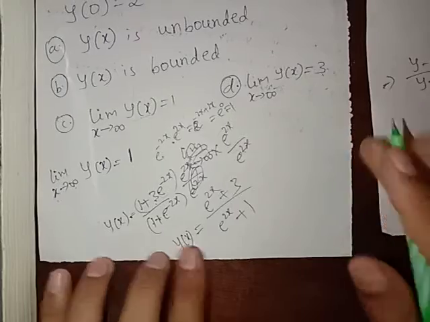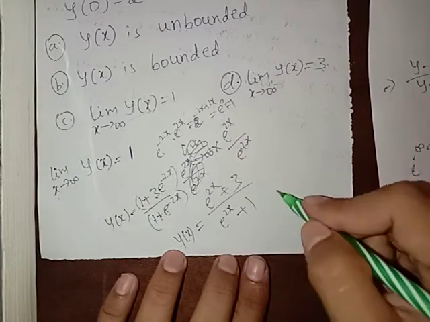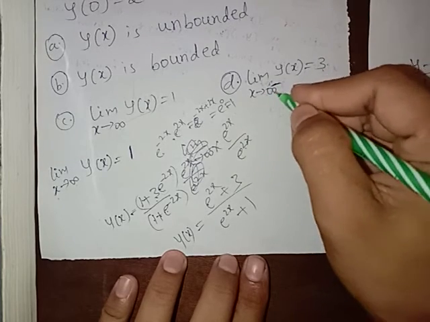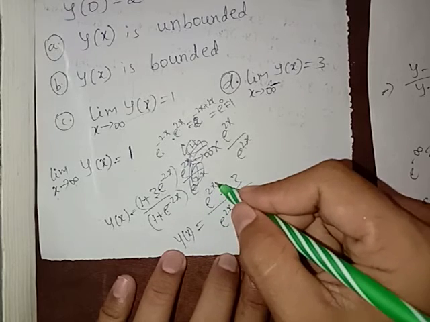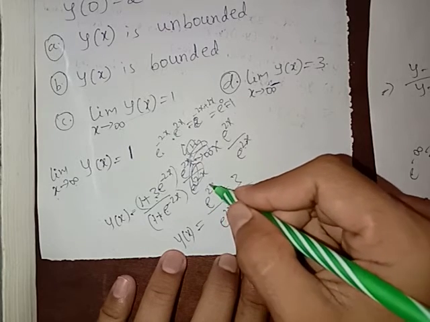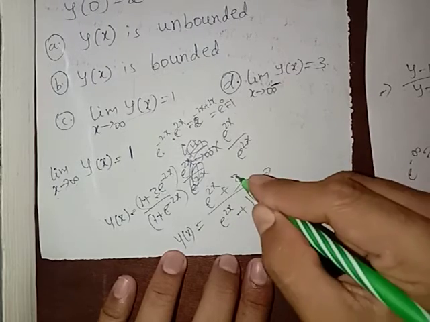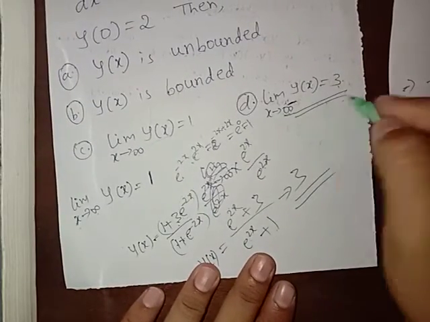Now as x tends to minus infinity, exponential of minus infinity means 0, and exponential of minus infinity is 0. This is 3 divided by 1, that is 3. So choice D is also correct.